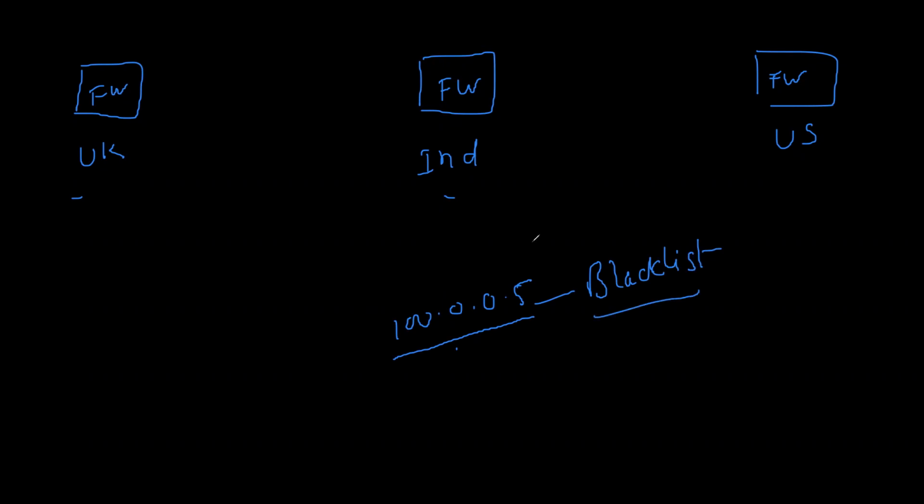So you need to create a rule to blacklist it. First, you would log in on the UK firewall and create a rule. Then you log in on the India firewall and create a rule. Then log in on the US firewall and create a rule.